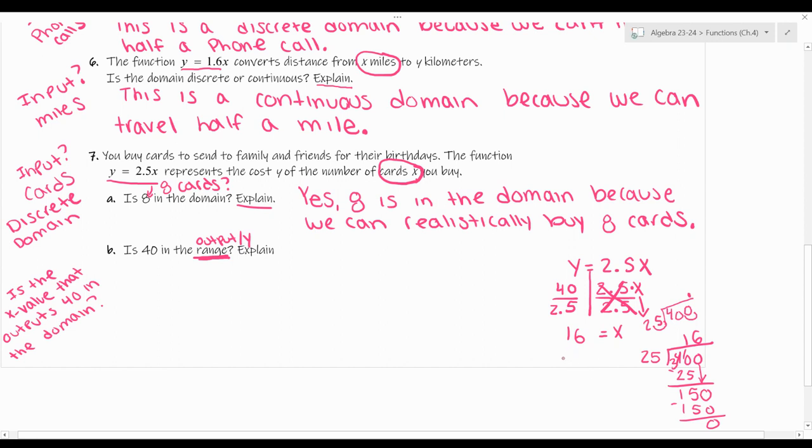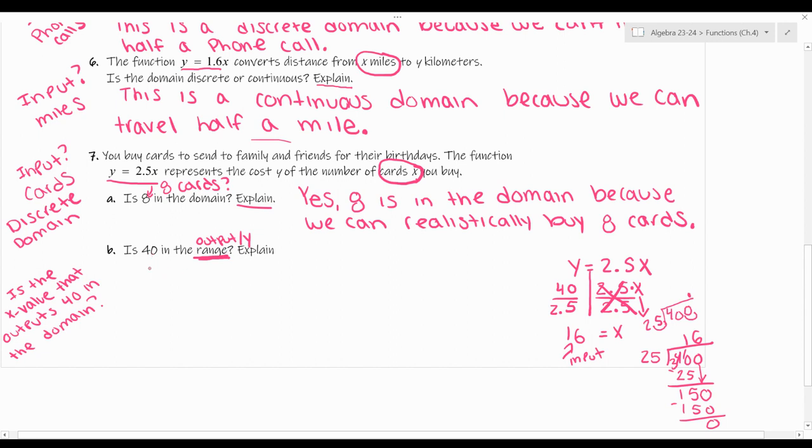So I'm just going to draw an arrow, and I'm going to say input. So is 16 in my domain? You bet, because it's a whole number. I could go buy 16 cards. And if the input is in the domain, that means the output is in the range.